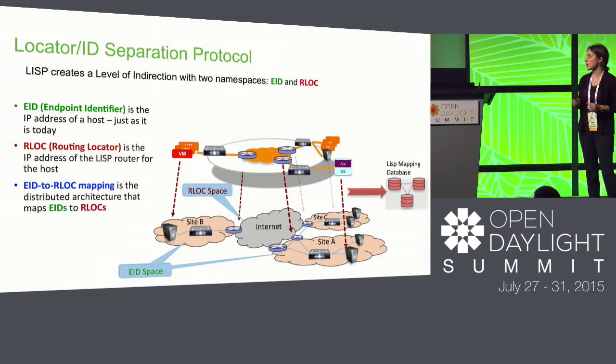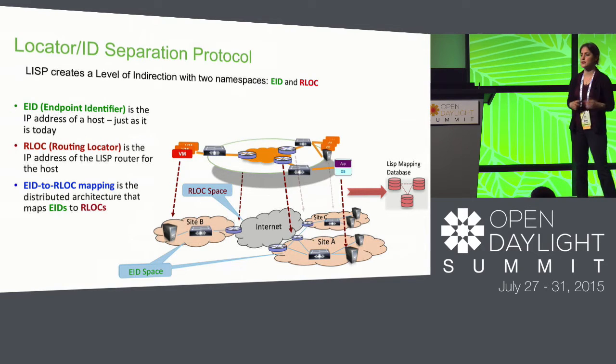So basically, the Lisp routers will receive packets on their LAN side within the identity space, or the customer's address space. And then the routers will look up in the distributed mapping system to find out where the destination address of the packet is located within the underlay.